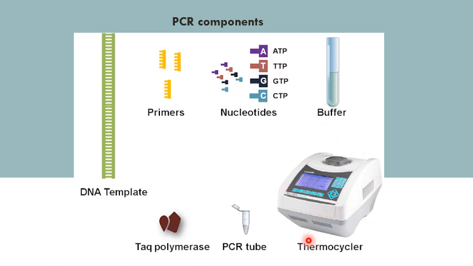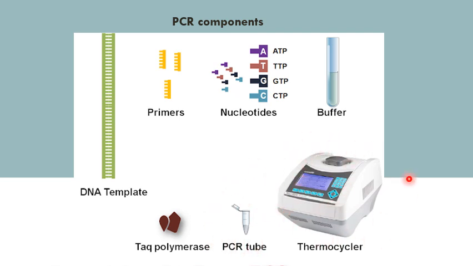You can optimize the whole condition. You can change the tubes of the PCR instead of the regular one. You will add a thin wall so the temperature can get inside the tube very easily and fast.